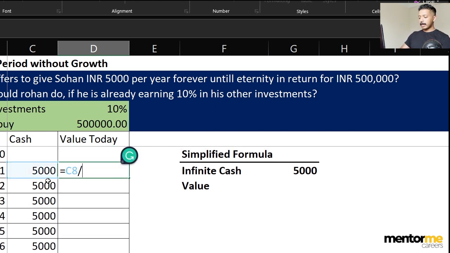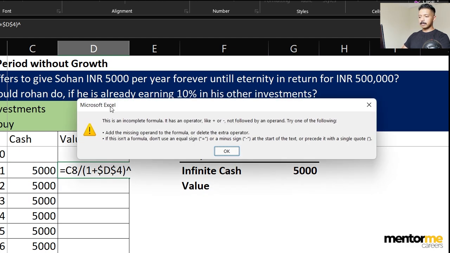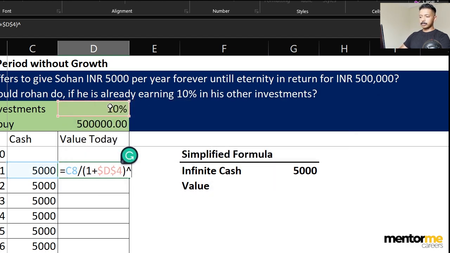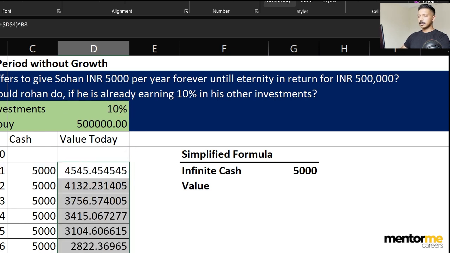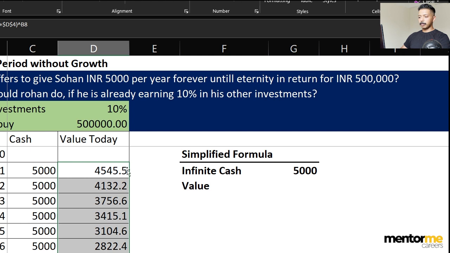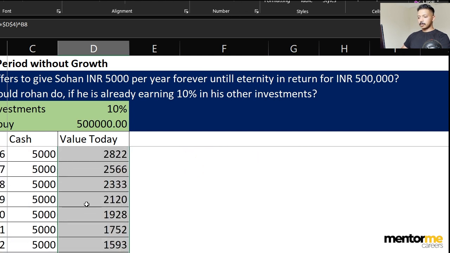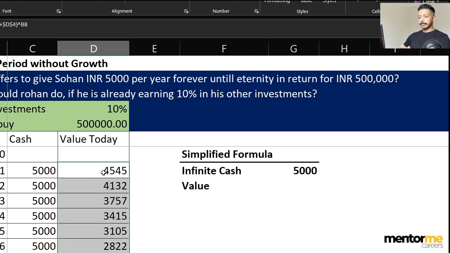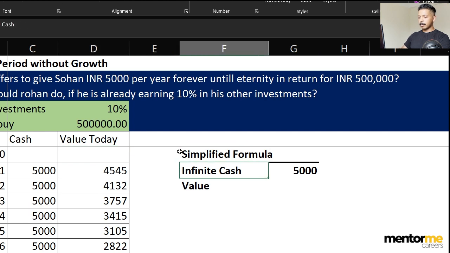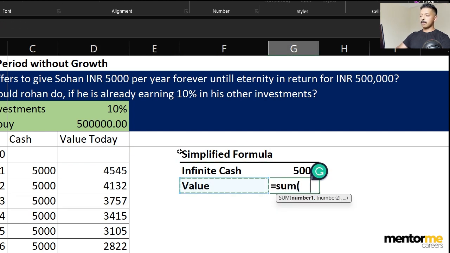So we take the value divided by 1 plus the discounting rate, and raised to the number of years of discounting that we are doing, right? So in this case, it's 1 year, and then we will just double click this so that this calculation will keep on happening. Alright. So there you go. It's going, and we'll just sum up all of the values.